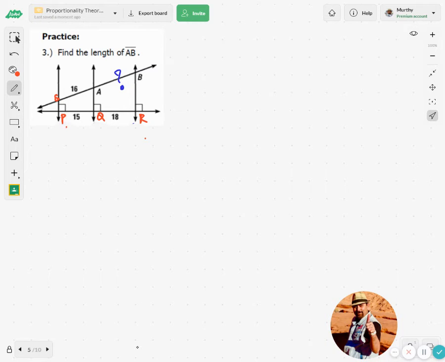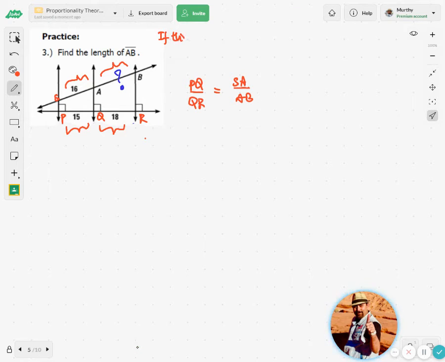So PQ over QR equals SA over AB. SA over AB. You know what the reason is.